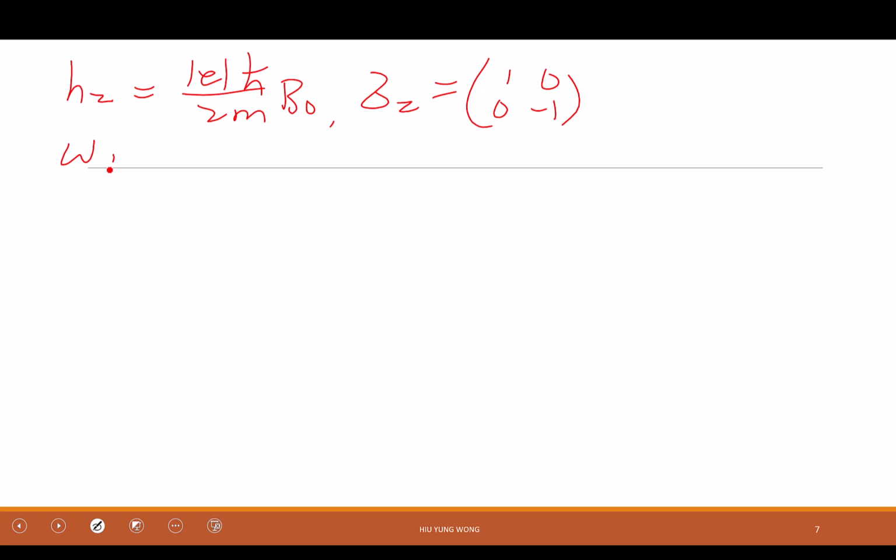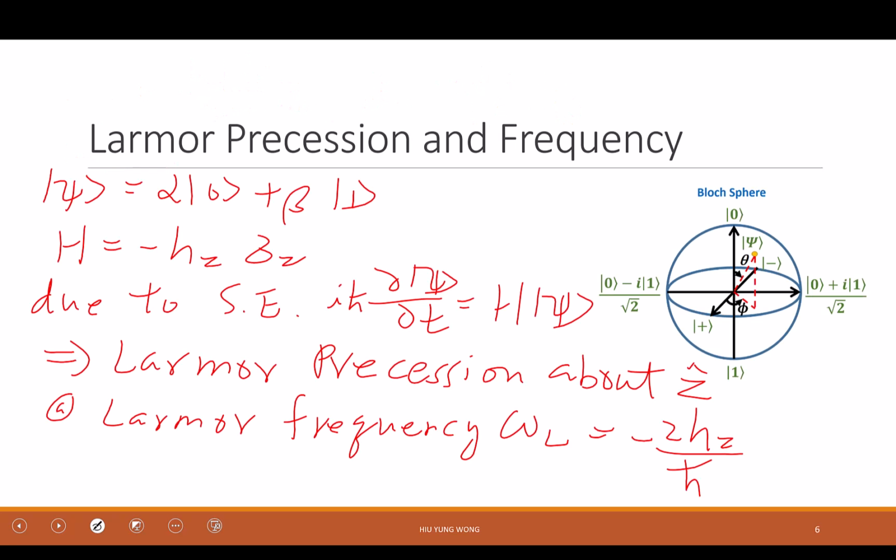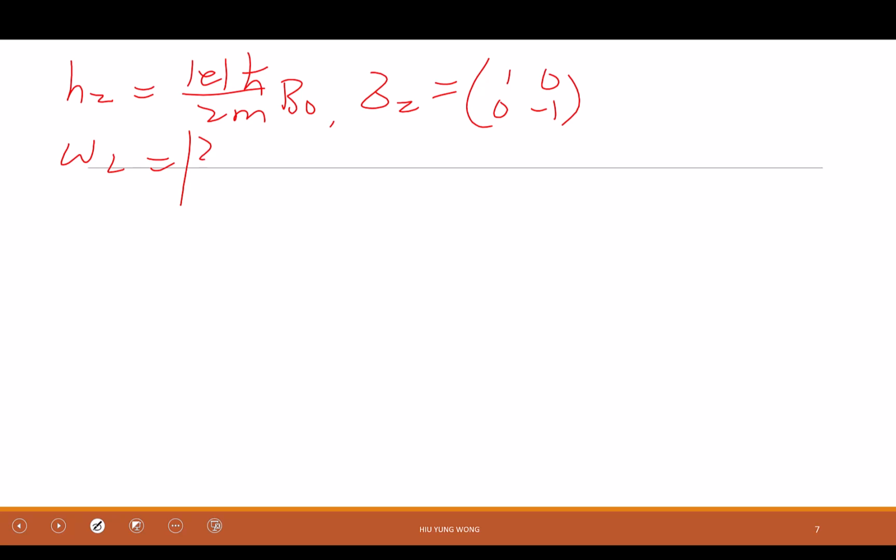Then we know the Larmor precession frequency has to be, let's look at this one, positive, of course, because we're talking about the frequency of precessing clockwise, equals 2 times hc, which is e h bar divided by 2m, over h bar.